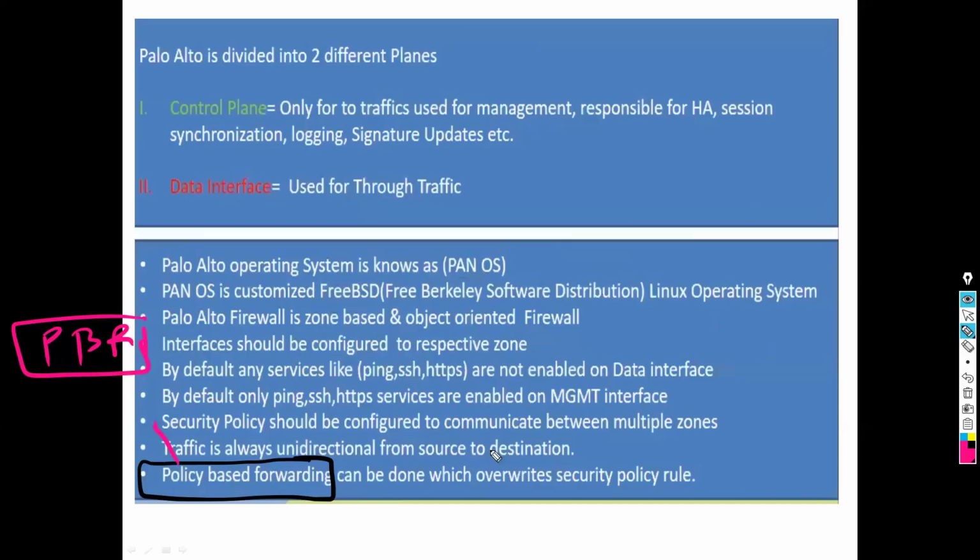Policy-based forwarding overrides the security policy rule. For example, for some source IP and destination IP, we have an entry in policy-based forwarding, and for the same source and destination we have an entry in security policy.